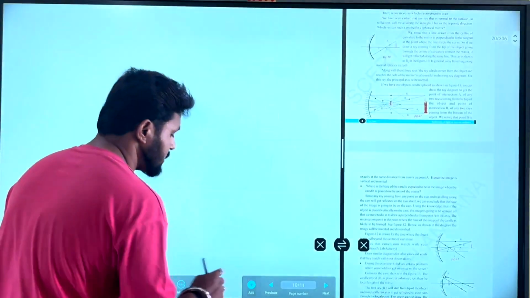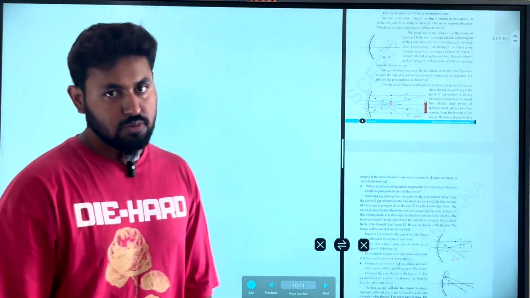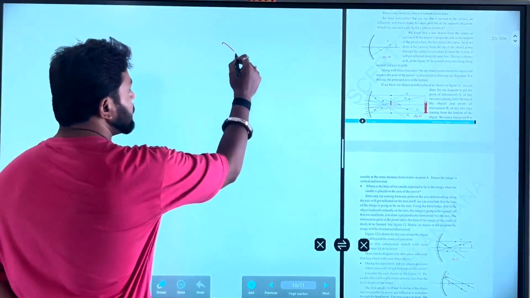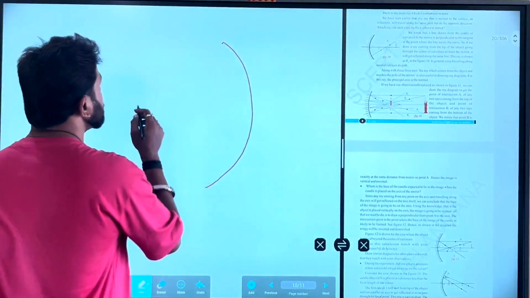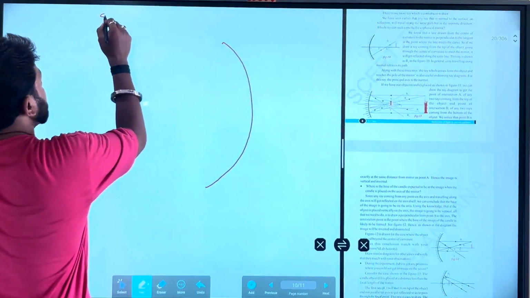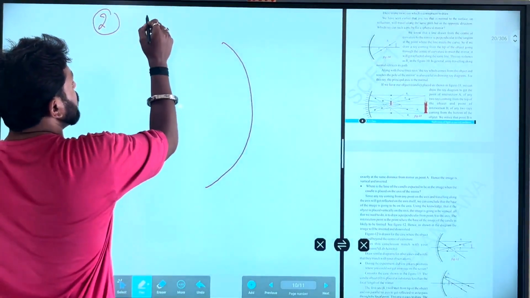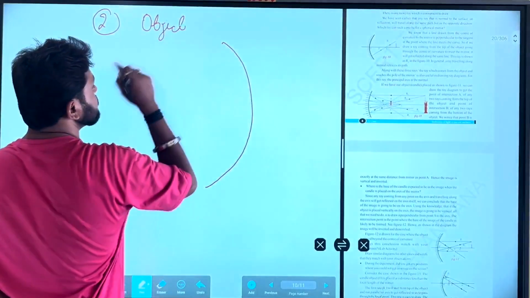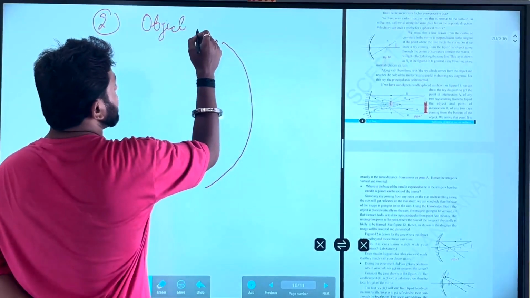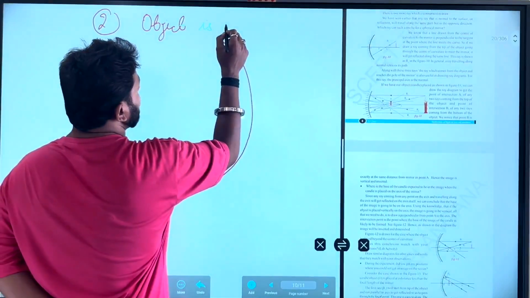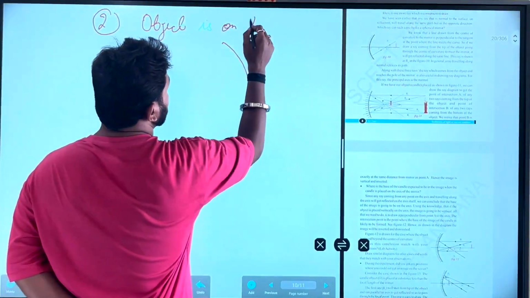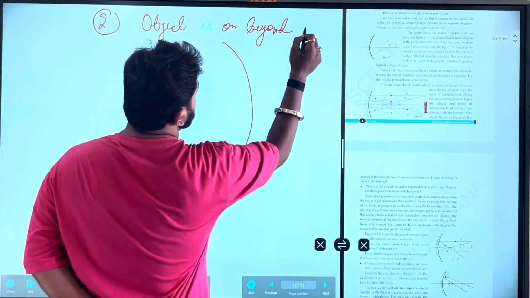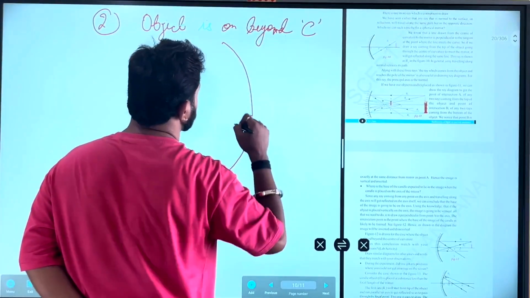Now moving ahead to case 2, where the object is beyond C. C is nothing but the center of curvature.